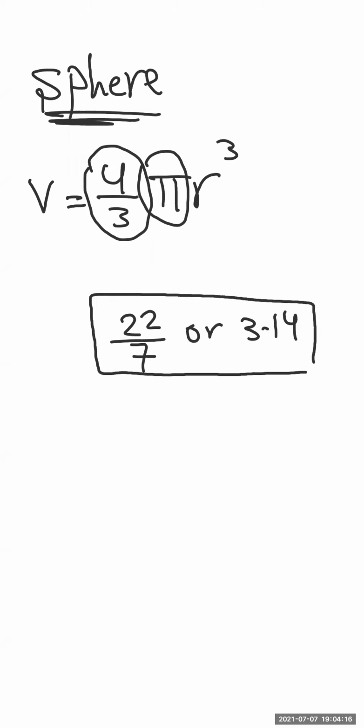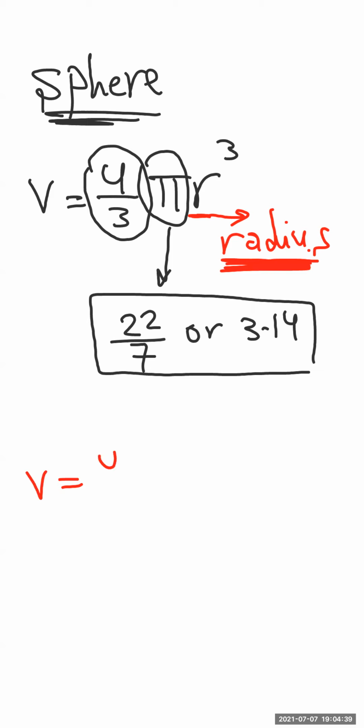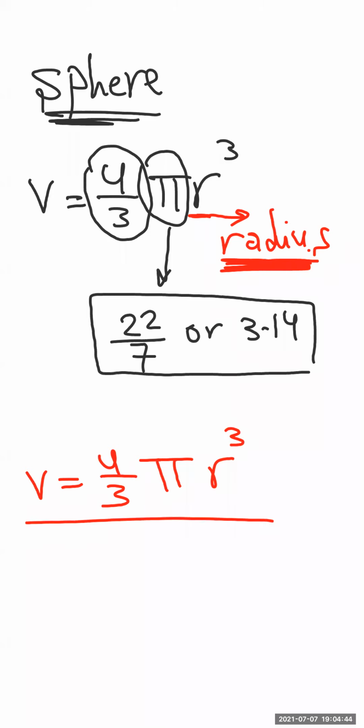Also it will be given in any question. But now, what will be this one, r to the power 3? R is the radius of the sphere. So again, the volume of the sphere equals 4 over 3 pi r to the power 3. Okay, let's solve one question so that we can understand this point.